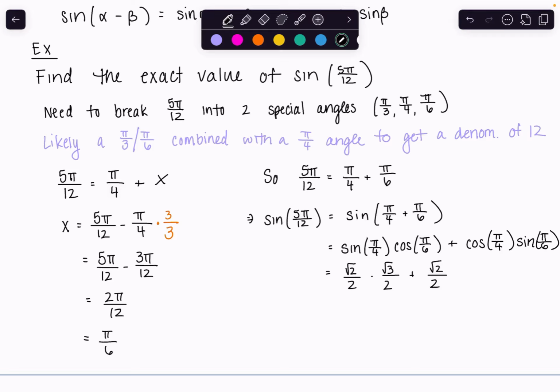Cosine of pi over 4 is 45, so root 2 over 2. And again, pi over 6 is 30 degrees, so sine of pi over 6 is a half. So multiplying these out, multiplying those two radicals gives you root 6 over 4, and this is root 2 over 4. And then we can combine it to a single fraction. This is root 6 plus root 2 over 4 for the exact value of sine of 5 pi over 12.